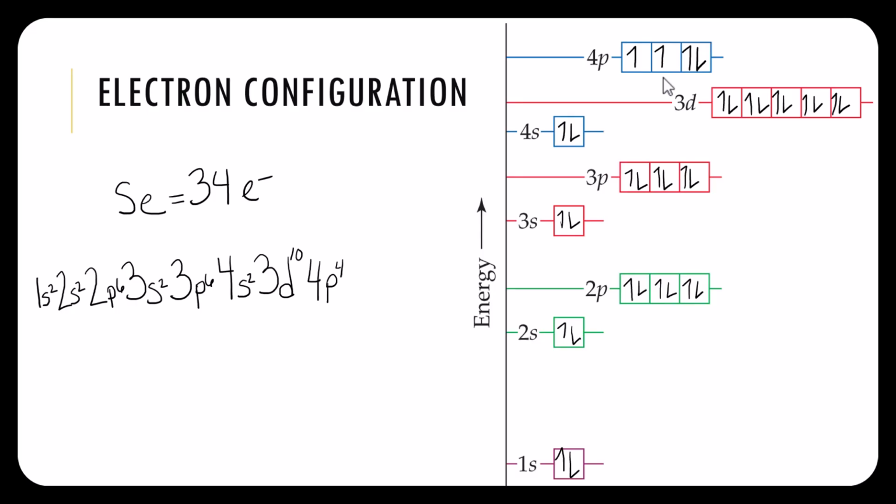Okay. The other thing I want to talk about with this electron configuration is let's identify core electrons and valence electrons. So remember, valence electrons are going to be the electrons in the highest energy level. So take a look at this configuration and see if you can identify the highest energy level.